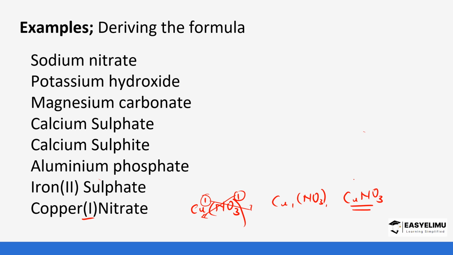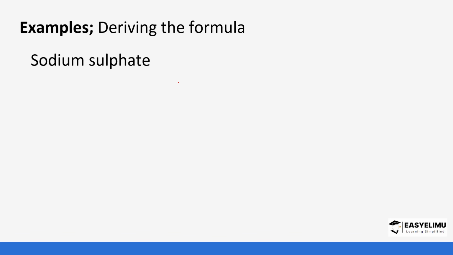So next, we are going to look at the ones that do not cancel out. Or you can cancel out but it doesn't cancel out completely. So let's start with sodium sulfate. Sodium valency is 1. Sulfate, it's written like that, it has 4 oxygens, valency is 2.